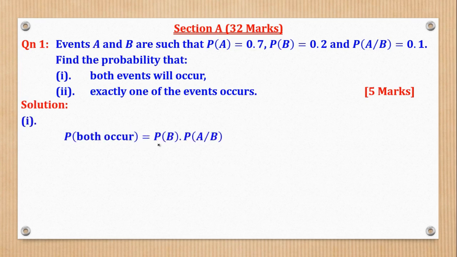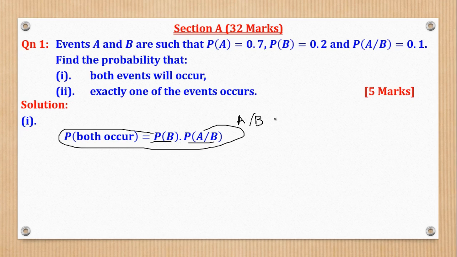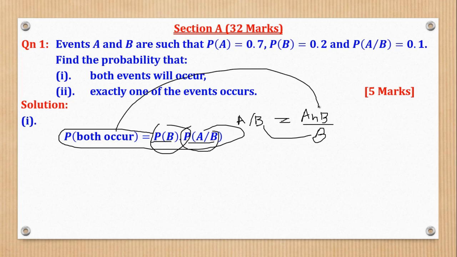So both events occur will be probability of B multiplied by probability of A given B. This formula is available in your logbooks. It says that probability of A given B will be equal to the intersection over the probability which comes after the slash, and that is probability of B. Now when I cross multiply, I take this to this side to come up with probability of B times probability of A given B, which will give me the intersection.